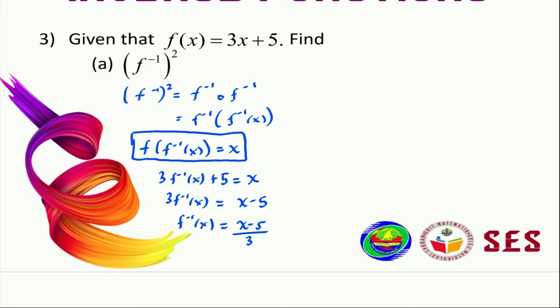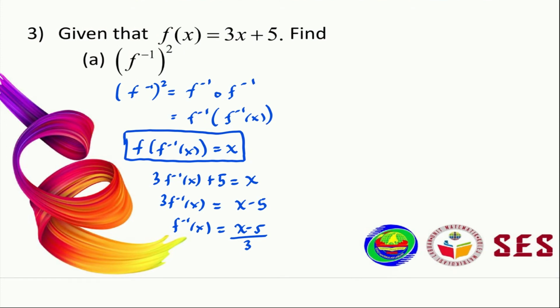Okay, so we are halfway through finishing this question. We've got the f inverse x already, and what we need to do now is compose this f inverse with itself. So what we have now is f inverse composed with f inverse x.